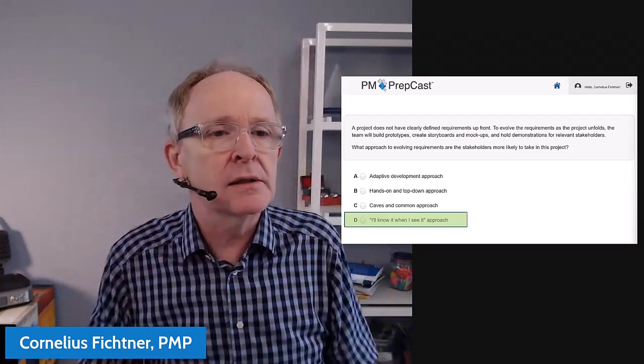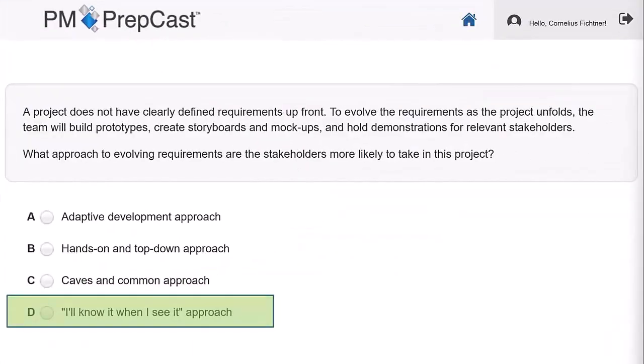And in this context here, stakeholder does not mean the development team. Stakeholders here means the customer, the people who have the final say in evolving the requirements. Yeah? Okay, so it is the I'll know it when I see it approach.